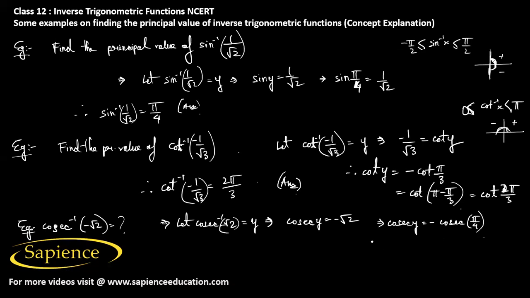Now we know that the principal value branch of cosec inverse x is from minus pi by 2 to pi by 2 except 0. So cosec inverse x should belong to minus pi by 2 to pi by 2 except 0. 0 cannot come.